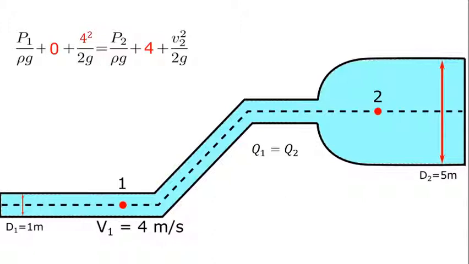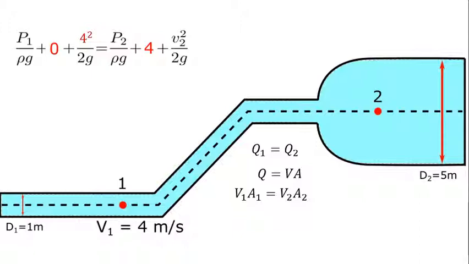Now, we remember from flow continuity, the flow can be calculated by multiplying the velocity at that location with the cross-sectional area of the pipe at that location. And this allows us to re-express our first equation as V1A1 equals V2A2. Now, you may be wondering, how is this helpful?